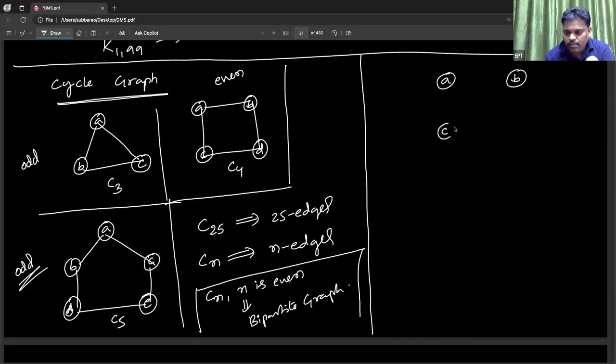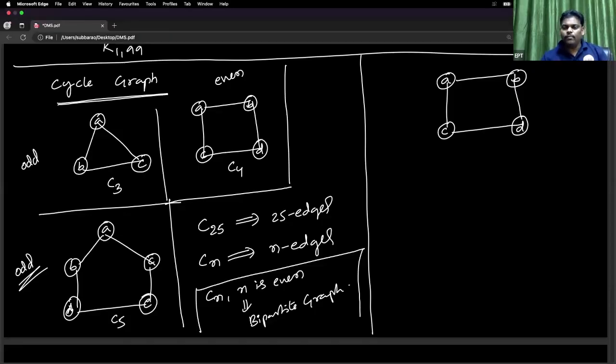A, B, C, D. Is it a cycle graph? Can I say C4? Yes, it is a cycle graph with 4 vertices. It is a C4.